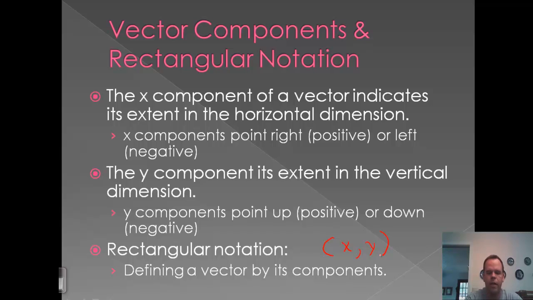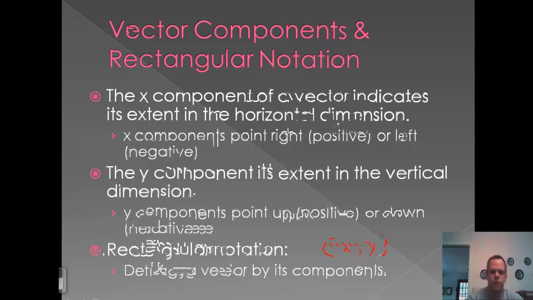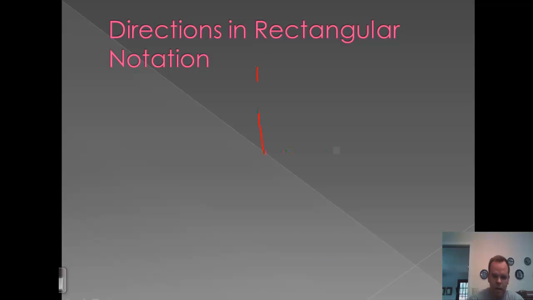So whereas in the previous notation we had the magnitude at an angle, now we have the components. In terms of directions, our same axes: this will be positive and negative on the x-axis, positive to the right, negative to the left, negative down, positive up.